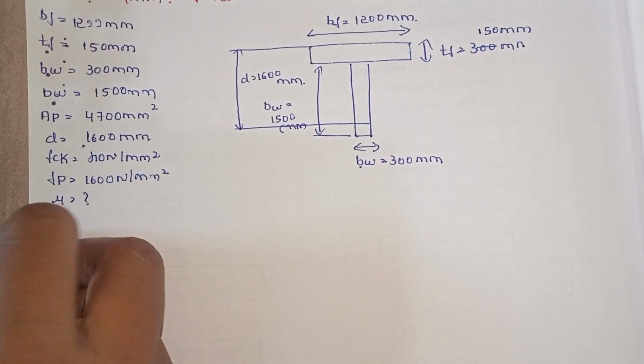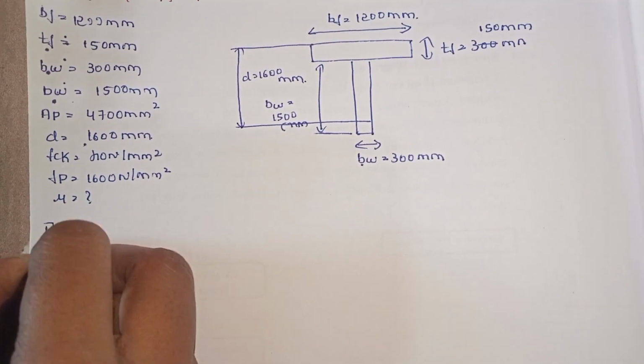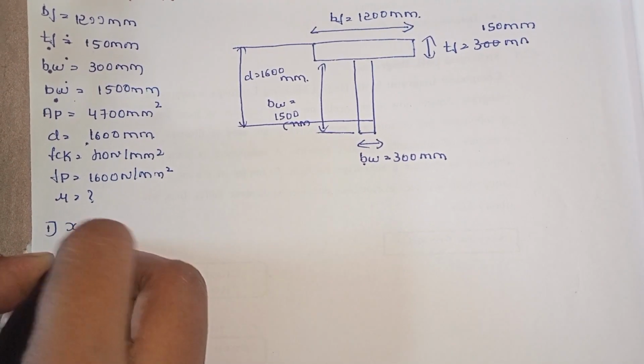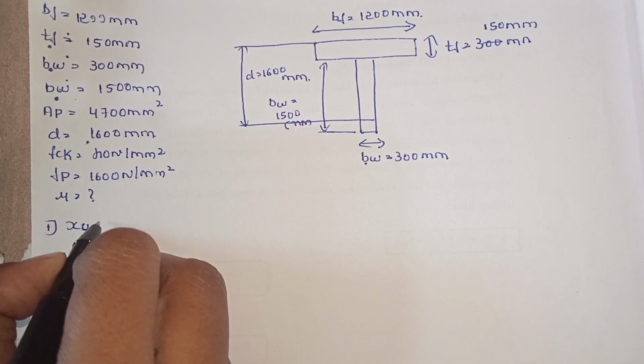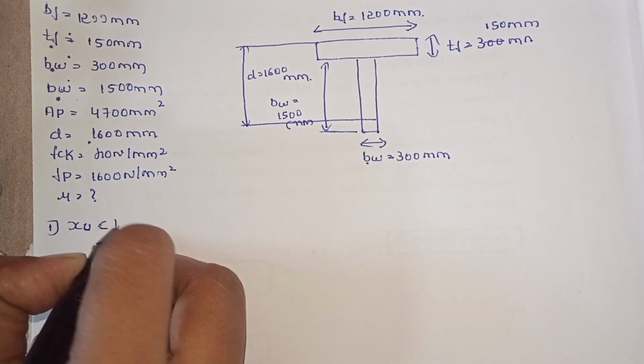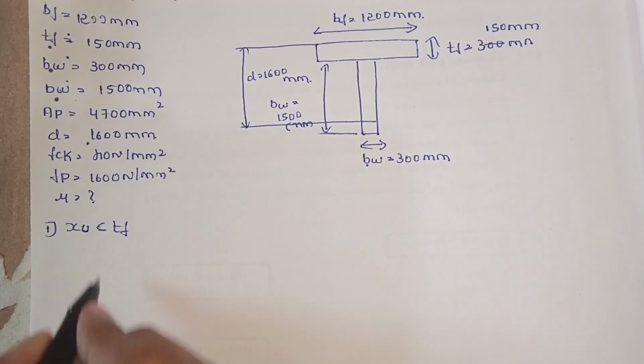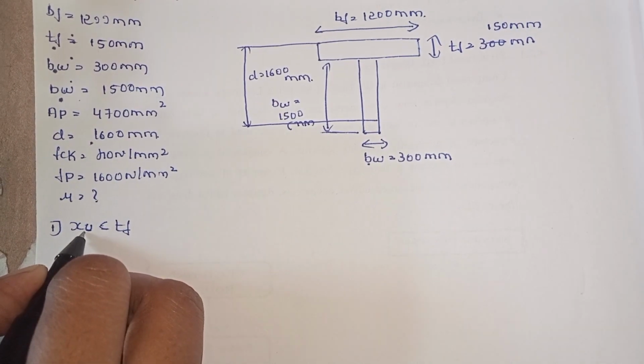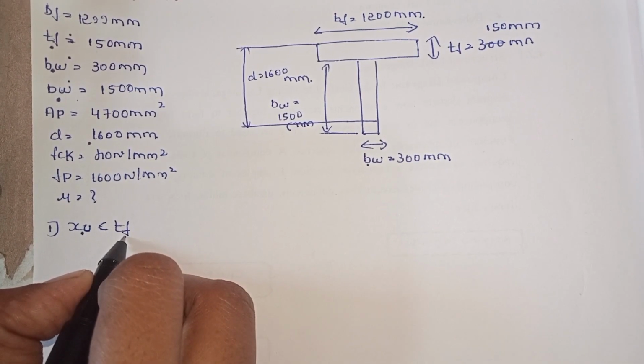Next, if a T beam is given in the question, first check these two conditions. Condition number 1: XU is less than TF. XU means neutral axis depth, TF means thickness of the flange.